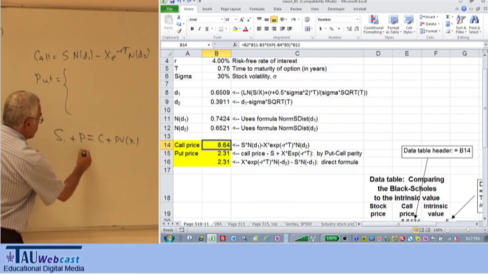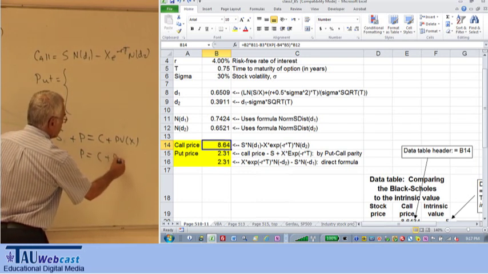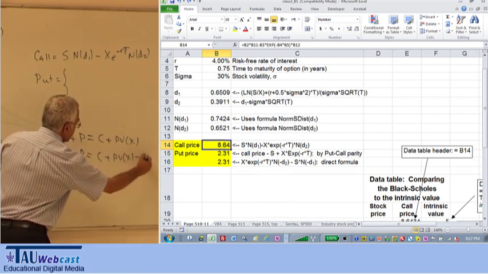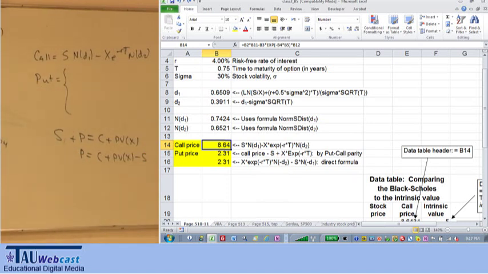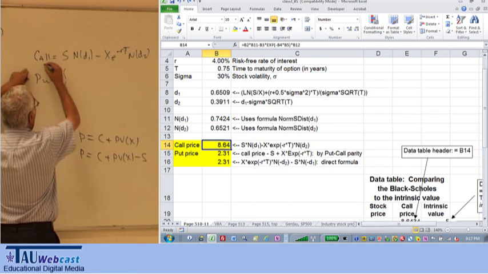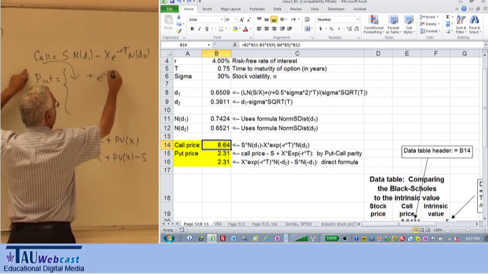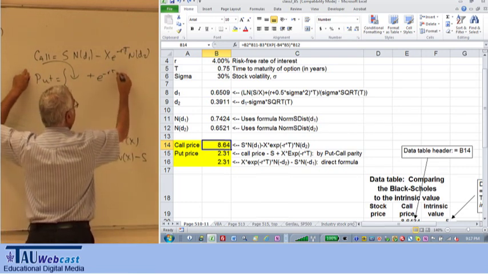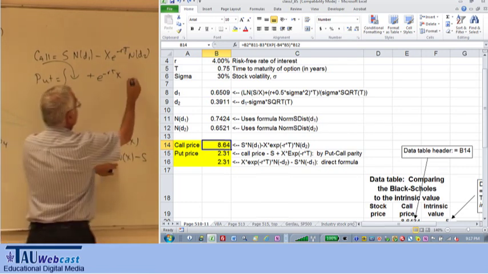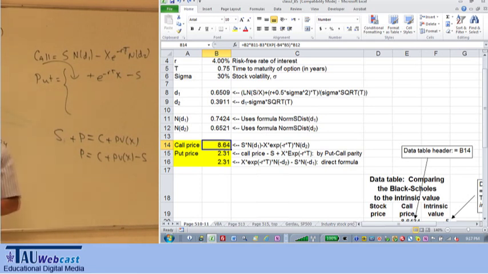So the put is equal to this. You take the call from here, you add e to the minus RT times the exercise price, and you subtract out S. That's what I did here.